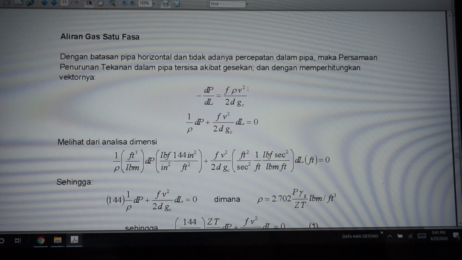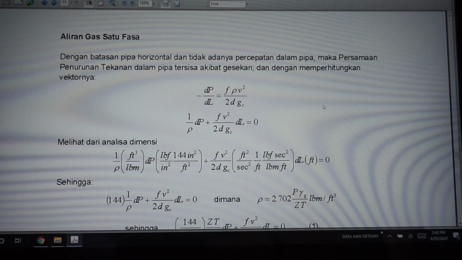The first is friction, the second is gravity, and the third is acceleration. And in this case, there is no pressure drop due to hydrostatic, so it's just horizontal, and no acceleration, so it's a steady state condition. Okay.